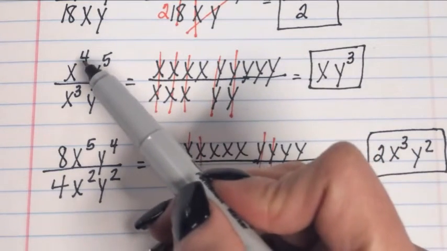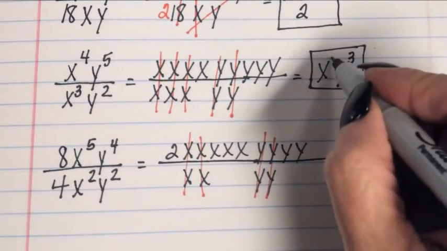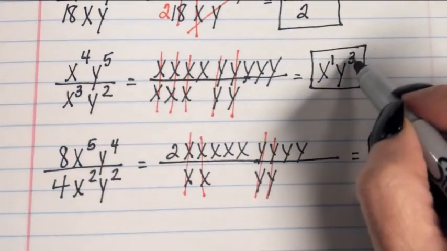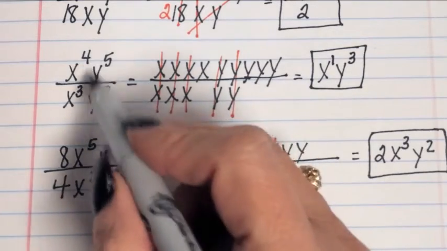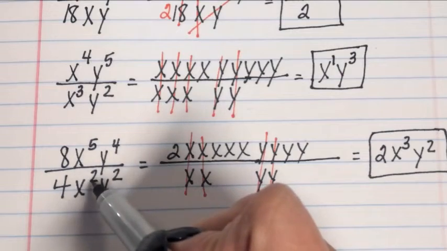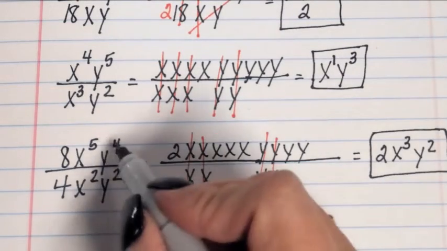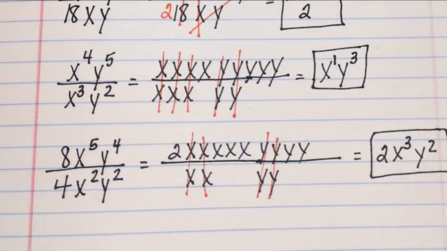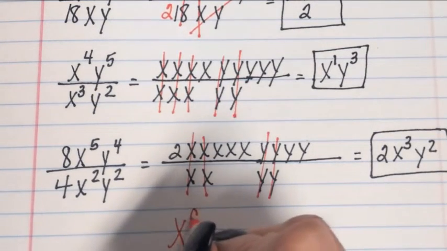And there's my answer. Okay, do you notice anything? I went from a 4 and a 3 and I got a 1, a 5 and a 2 and I got a 3. What operation am I doing here? I went from a 5 and a 2 to a 3, and a 4 and a 2 to a 2. So it looks to me like I have a rule.